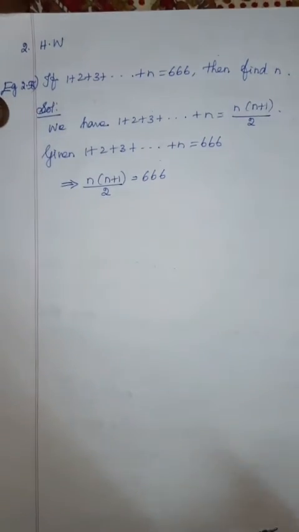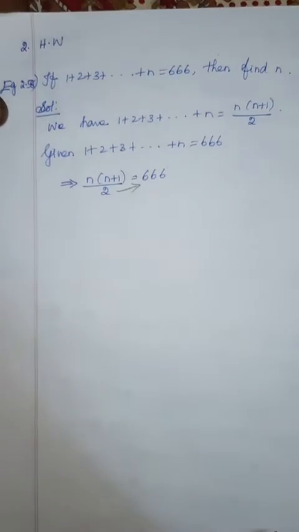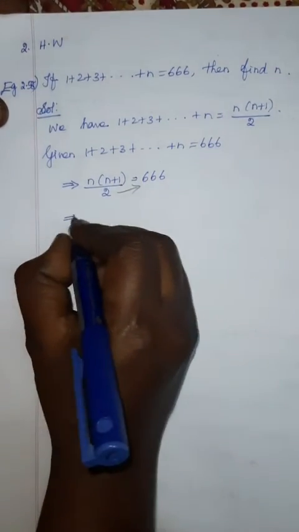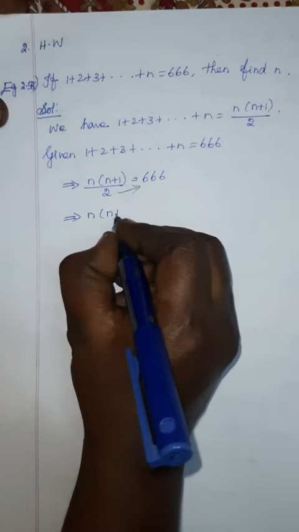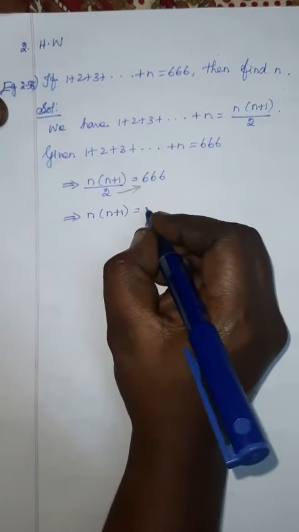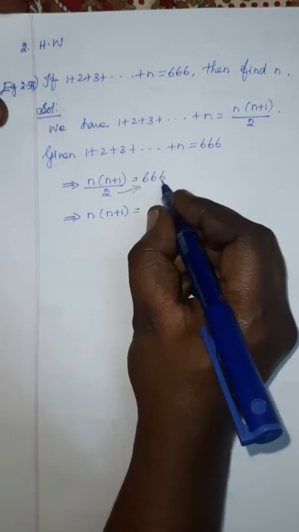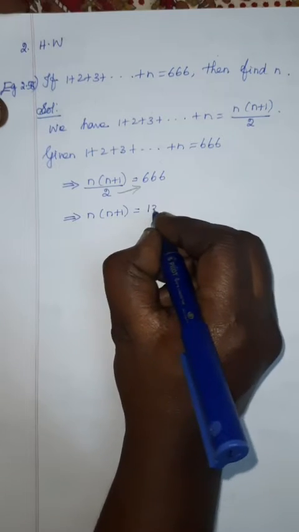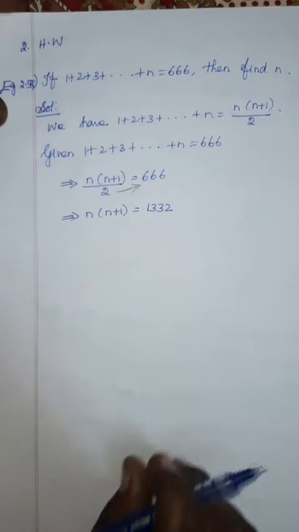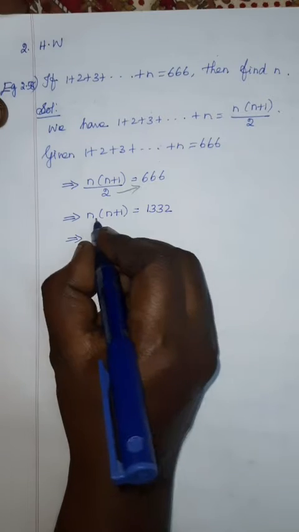Now we can cross multiply, so you will get n into n plus 1 equal to 666 into 2, which is 1332.